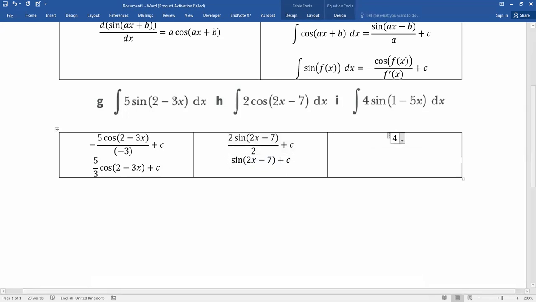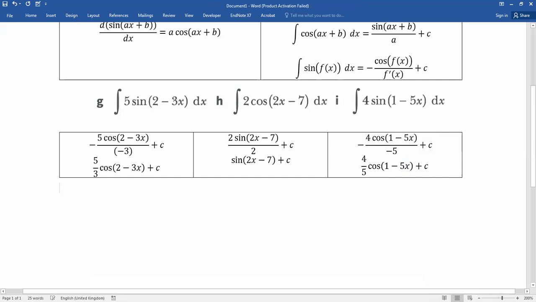Okay, this one: it will be negative 4 cos of 1 minus 5x divided by the derivative of the angle, which is minus 5, and then plus c. So you can write it as 4 upon 5 cos of 1 minus 5x plus c. Is this clear? Yes, sir.